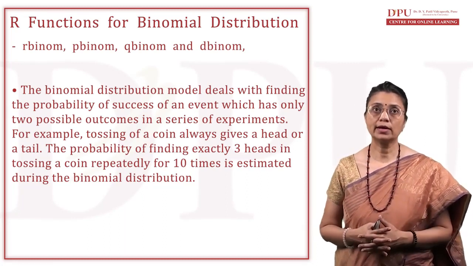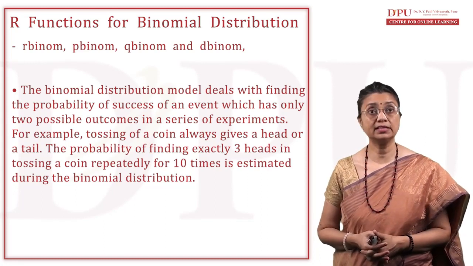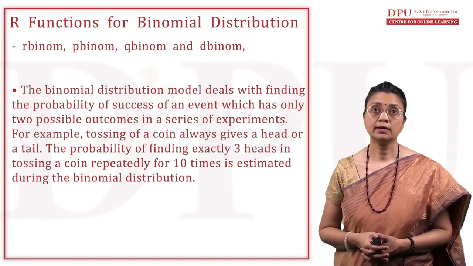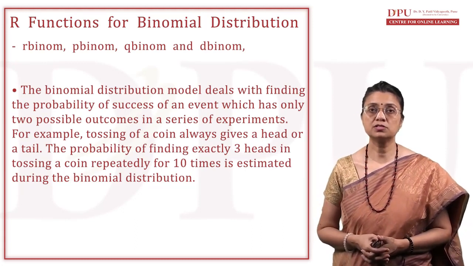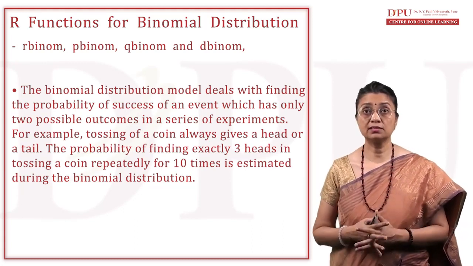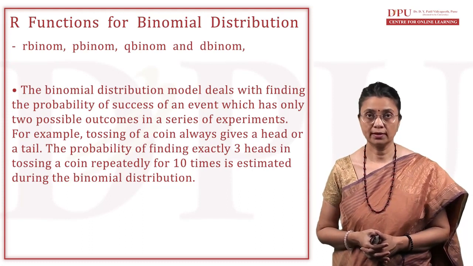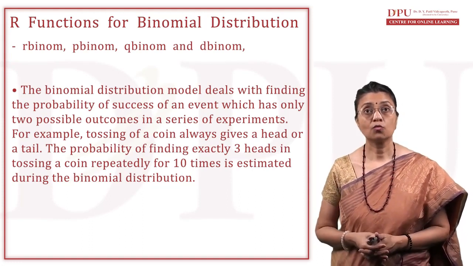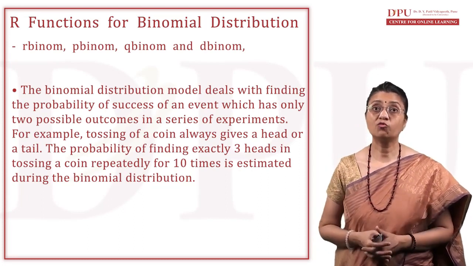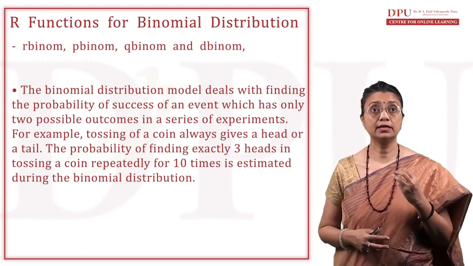The probability of finding exactly 3 heads in tossing a coin repeatedly for 10 times is estimated by the binomial distribution. So basically there are 3 heads, and 10 times I'm tossing the coin. Then in that case, what will be the probability of finding exactly 3 heads?